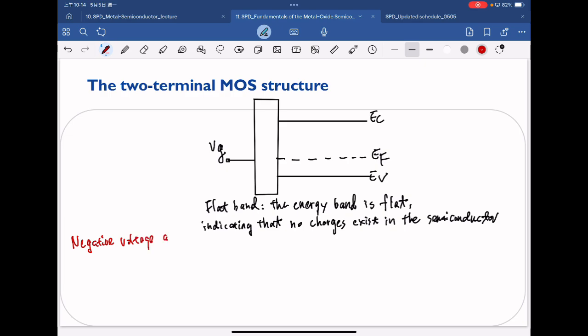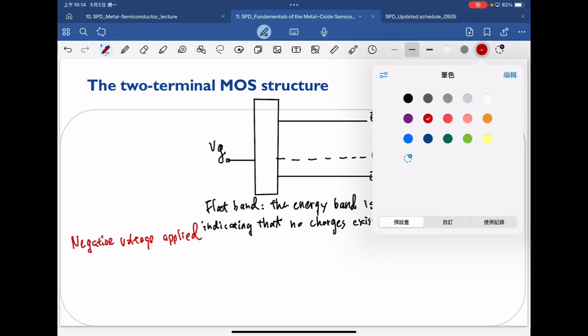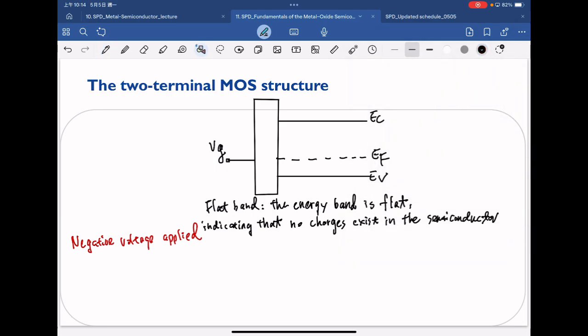The negative voltage applied will cause slight band bending in our semiconductor. In the case of silicon, it is still the same, where we have EC, EV, and our EF is still here.